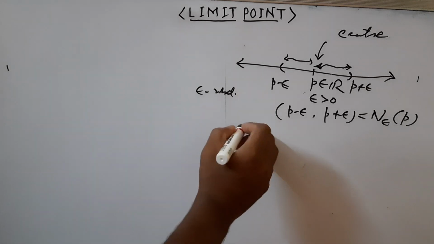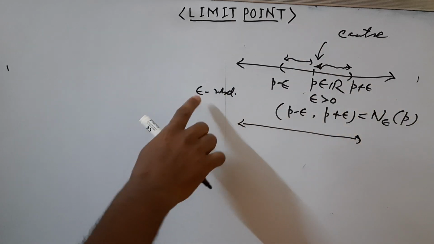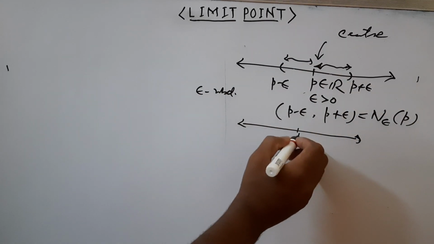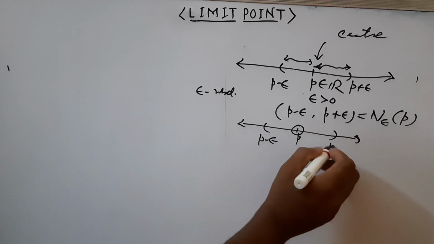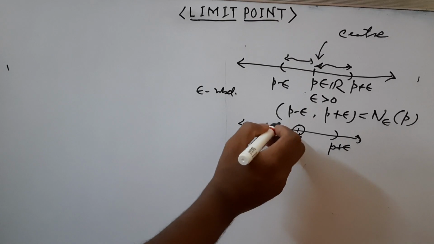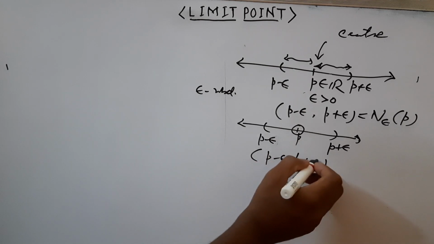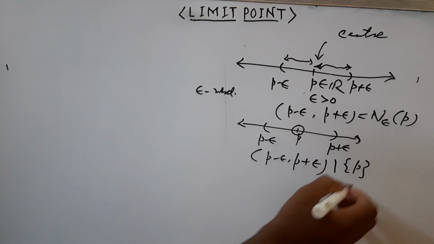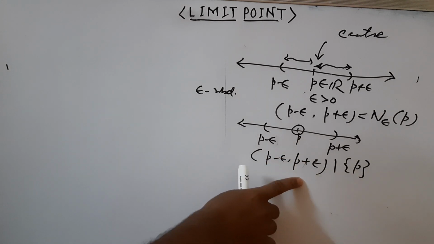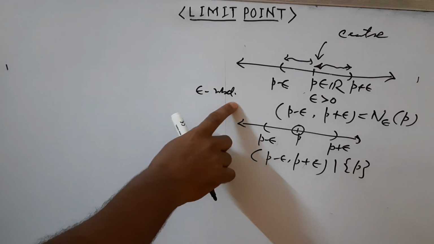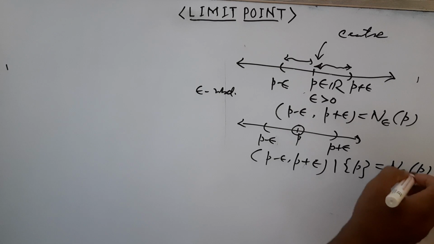And now if we delete the point P from this epsilon neighborhood, suppose P has been deleted from this epsilon neighborhood, then we get P minus epsilon, P plus epsilon minus singleton P. And in this case we say that this set is the deleted epsilon neighborhood of the point P, and is denoted by N epsilon P prime.